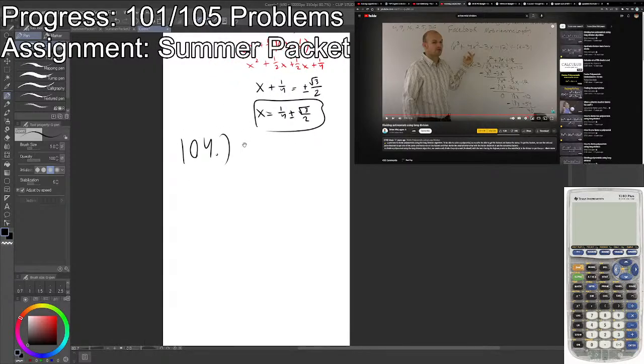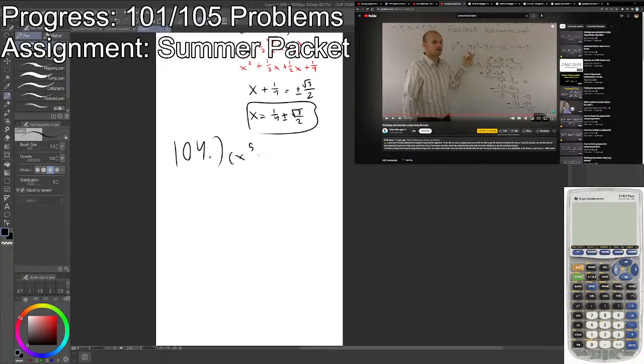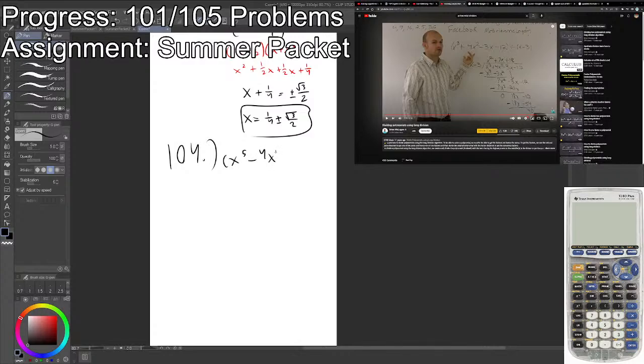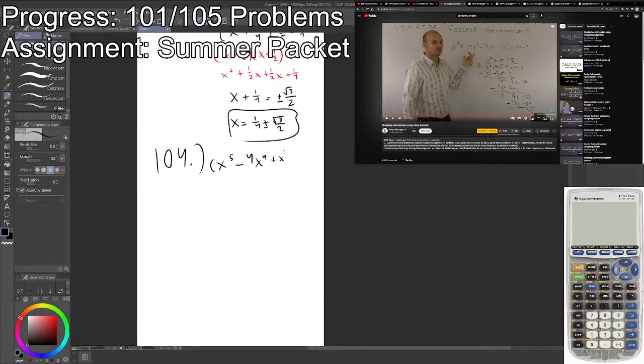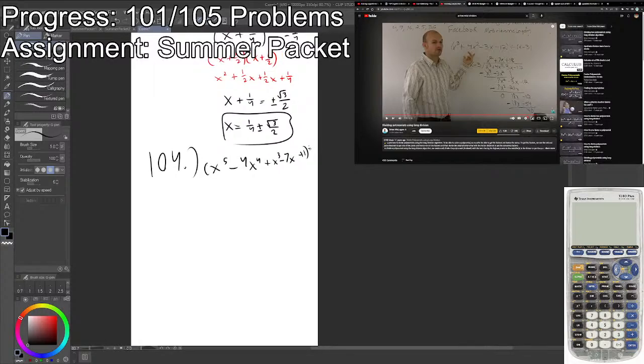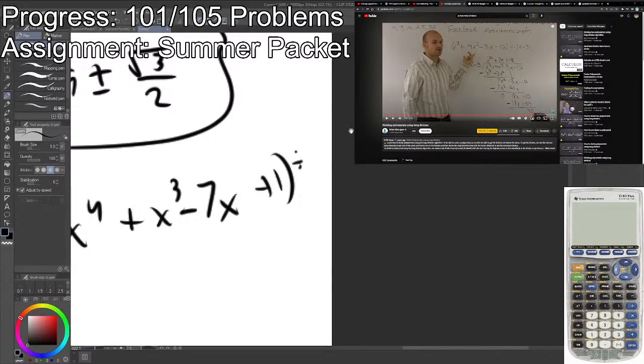104. x power 5 minus 4x power 4 plus x cubed minus 7x plus 1, divided by x plus 2.